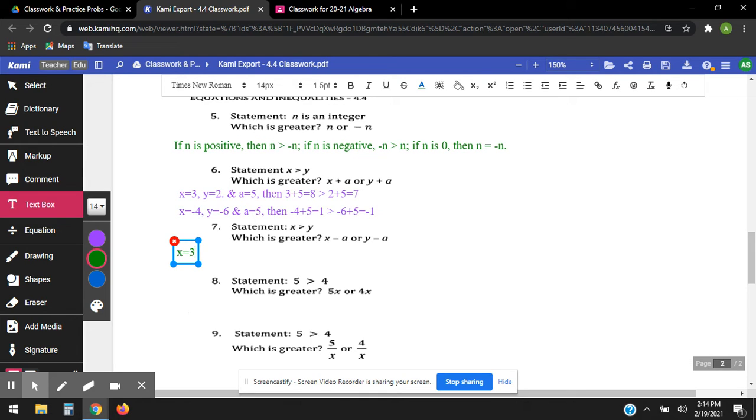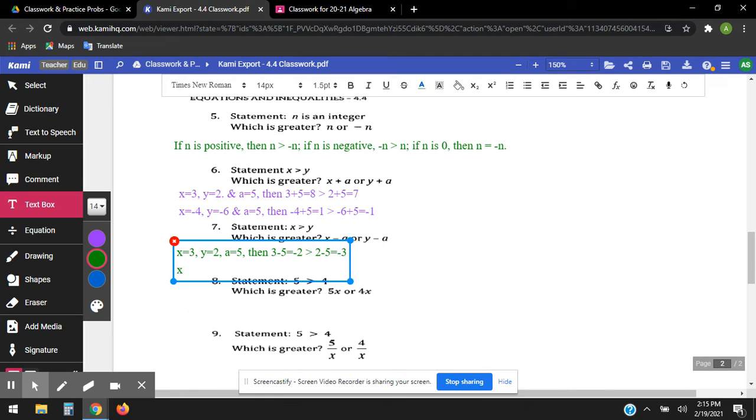X equals 3, y equals 2, a equals, let's just do 5. Then we have 3 minus 5, which equals -2. Is that greater than 2 minus 5, which is -3? Yes, that works.